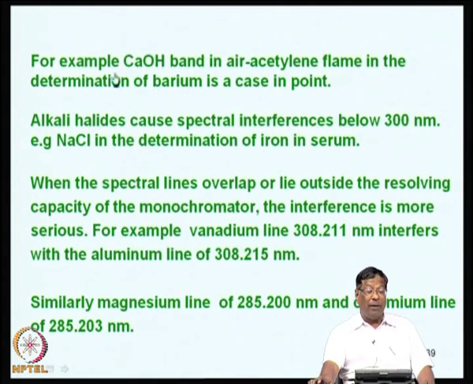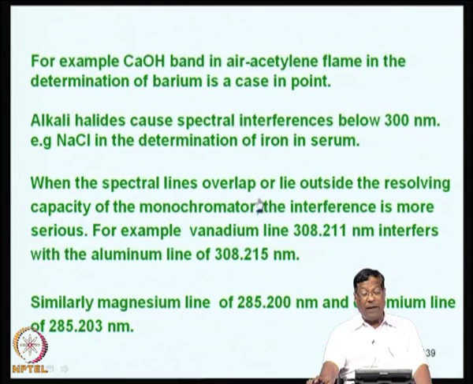It happens only when there is calcium along with barium. Similarly, alkali halides cause spectral interference below 300 nanometers. This is a very general statement. For example, sodium chloride is a constant spectral interferent if you want to determine iron.